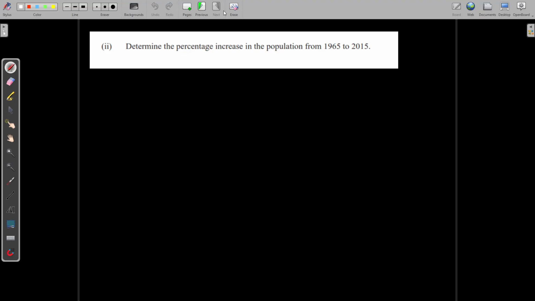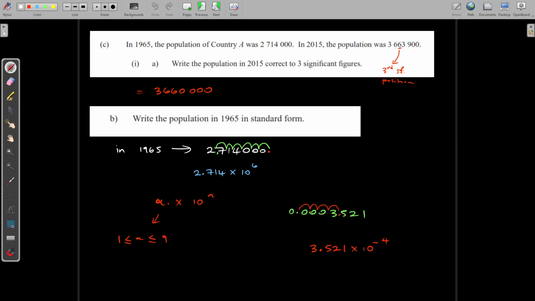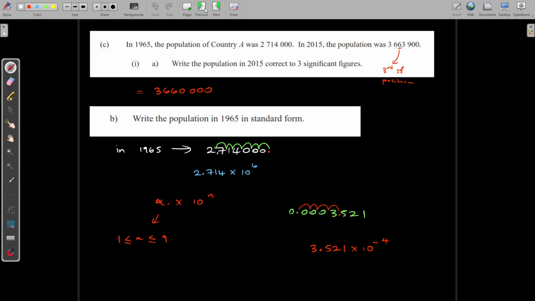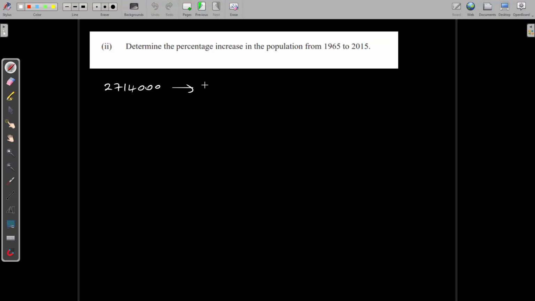So percentage increase, between that and that, so it was 2,714,... 3,663,900. So this is what we have. So how do we find what percentage we increased by?